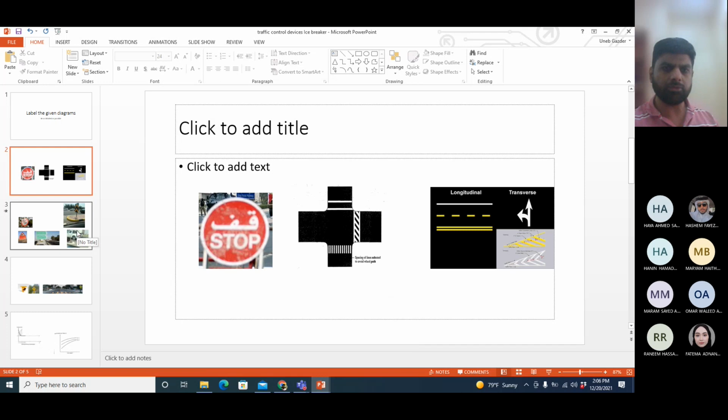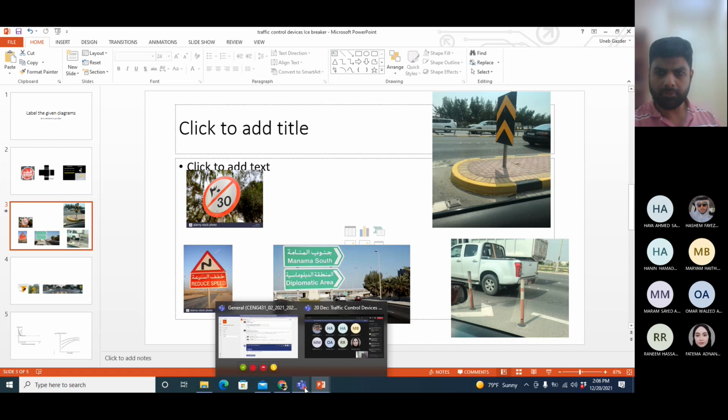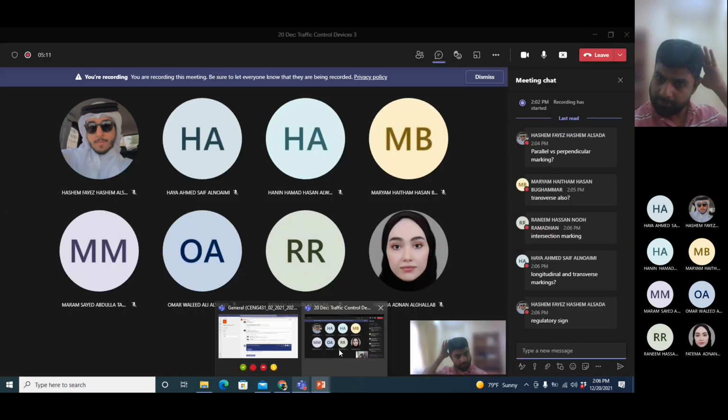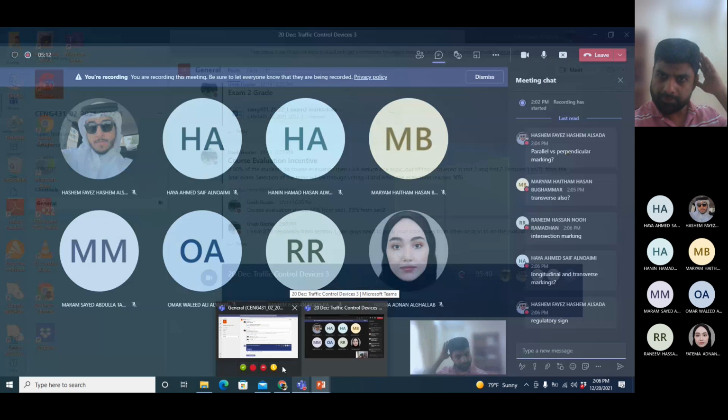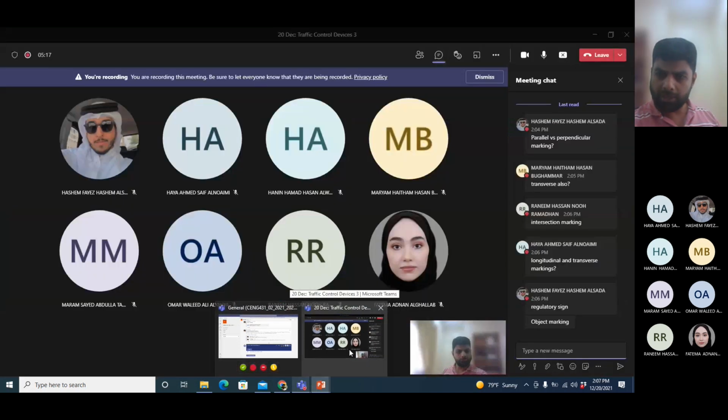It's a regulatory sign, yes, good. Okay, top right corner. What is it showing? Object marker. Object marker, yes.